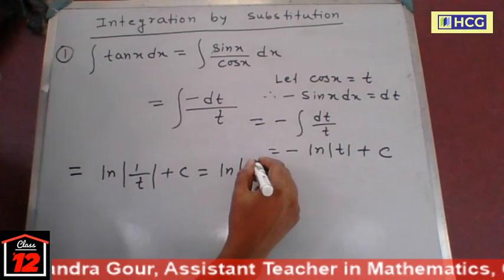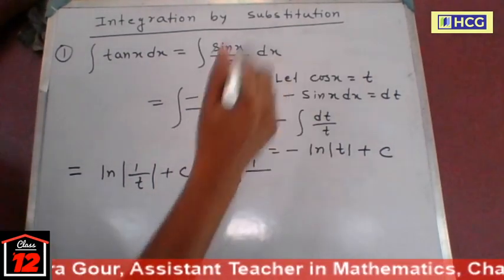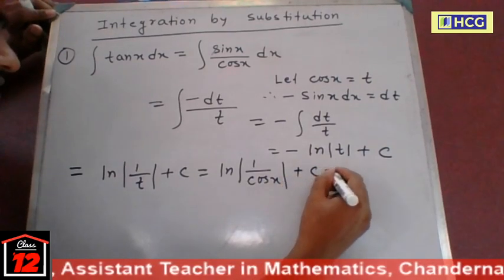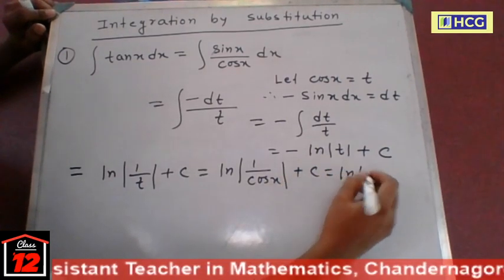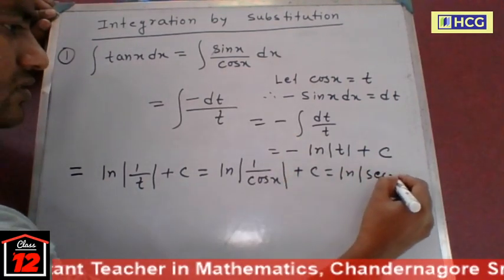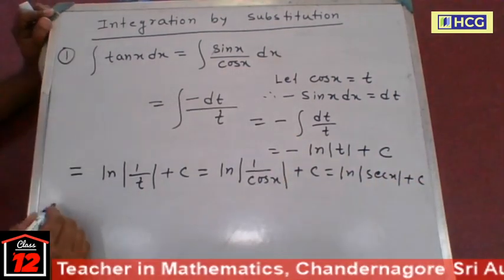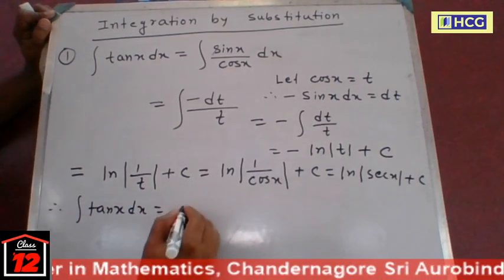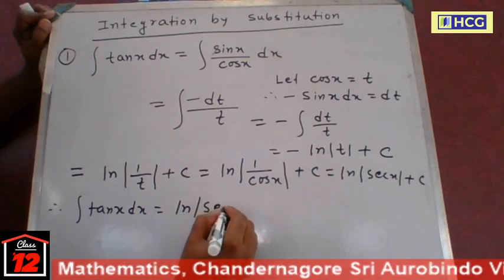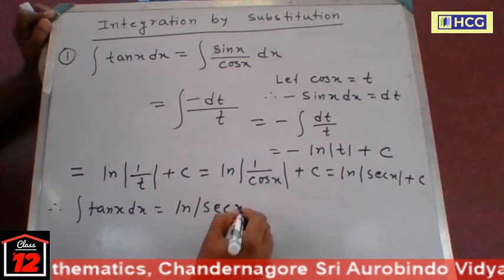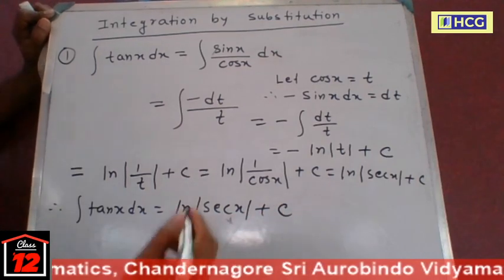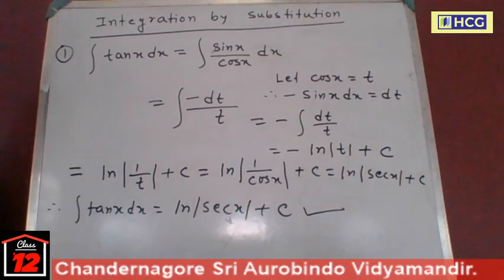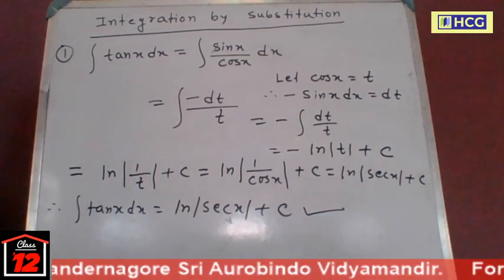What is t? t is cos x, so this is ln mod of 1 by cos x, which is sec x, plus c. Therefore integration tan x dx is equal to ln mod sec x plus c. Very important formula, remember it.